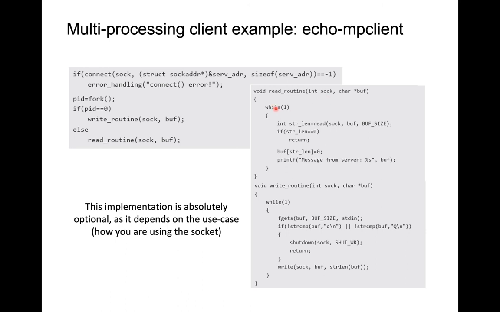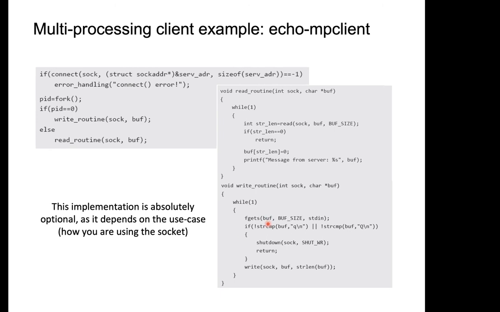Here is the read routine and the write routine definition, and we can see that it is almost the same program that we have seen before, but with a separate line. So we are performing this function in the read, and then in the other process we are performing the write operation.